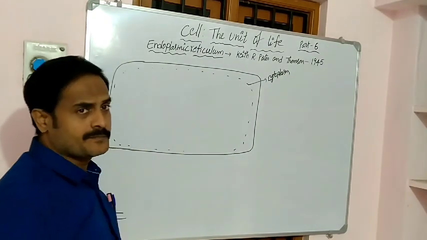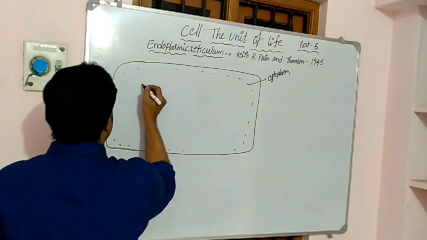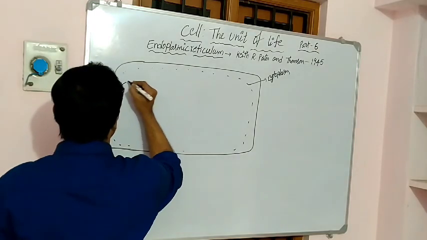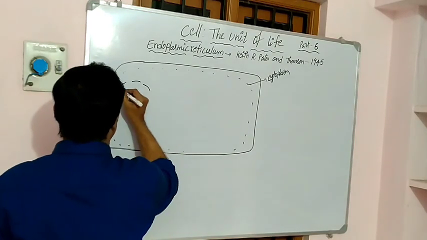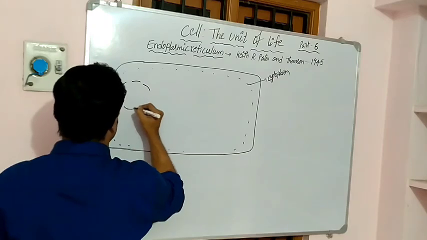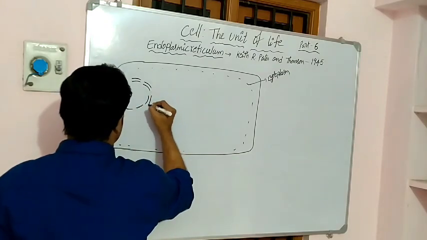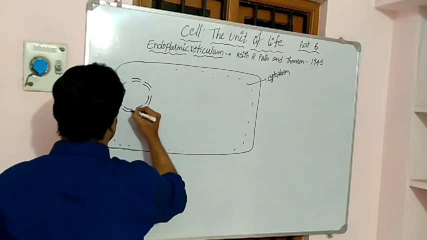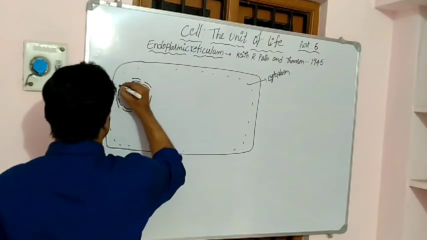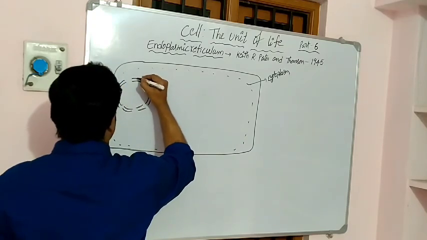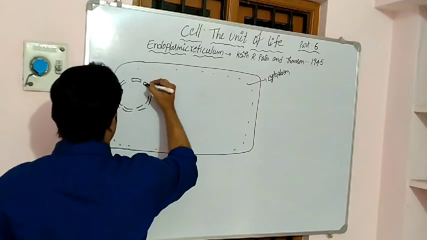Then in the cytoplasm a spherical organelle is present like this. A spherical double membrane structure is present here. What is the name of this organelle?